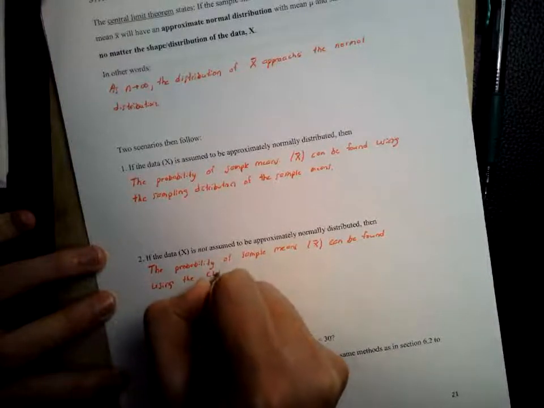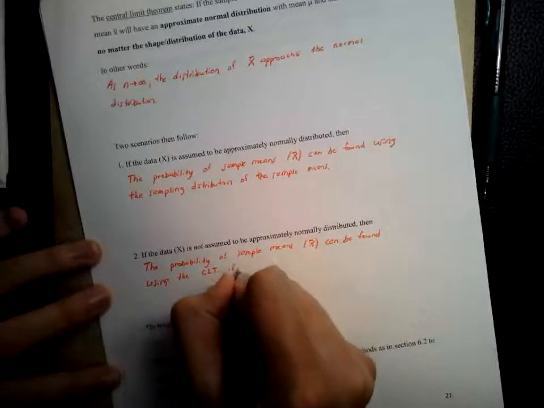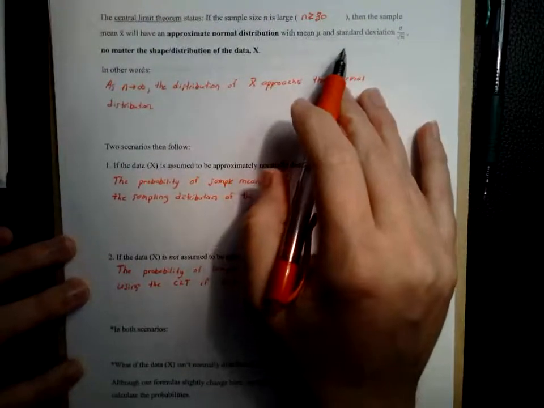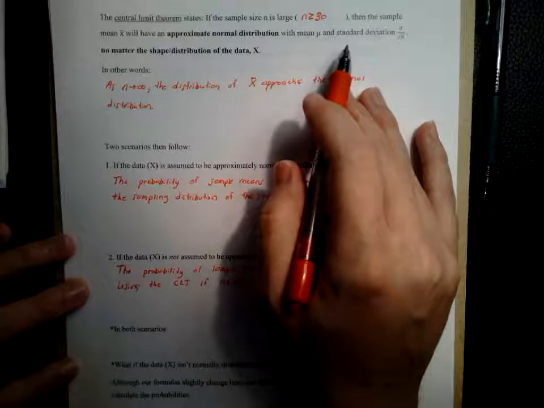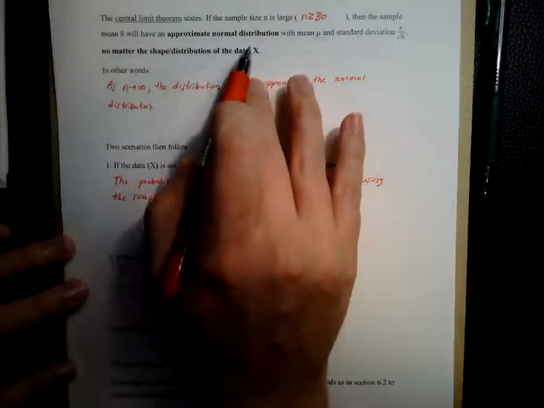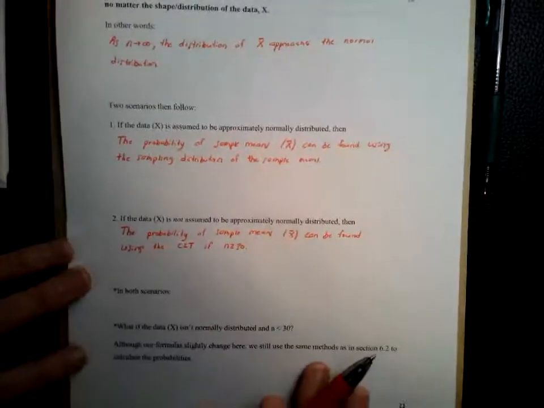CLT is the shorthand for central limit theorem, and this applies if our sample size is greater than or equal to 30. If so, we can say the distribution of the sample means is approximately normal with this mean and this standard deviation.